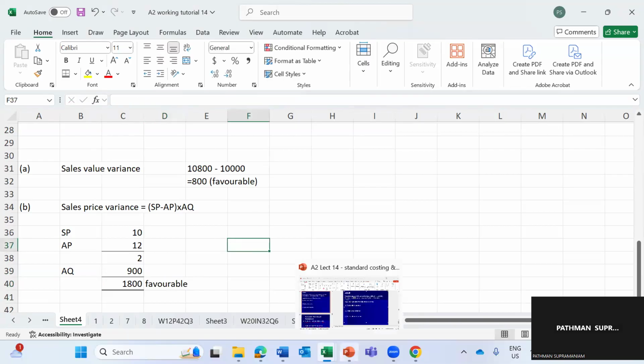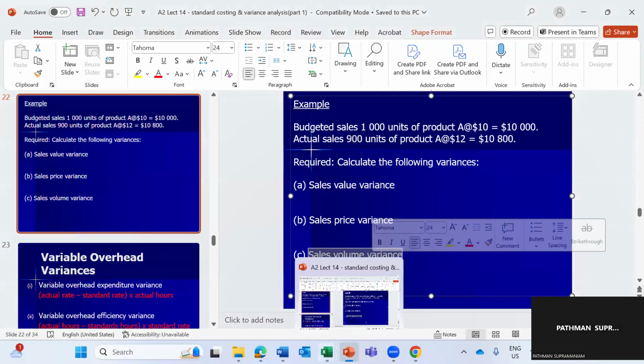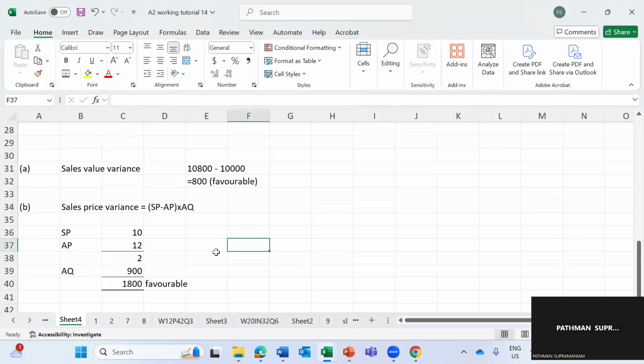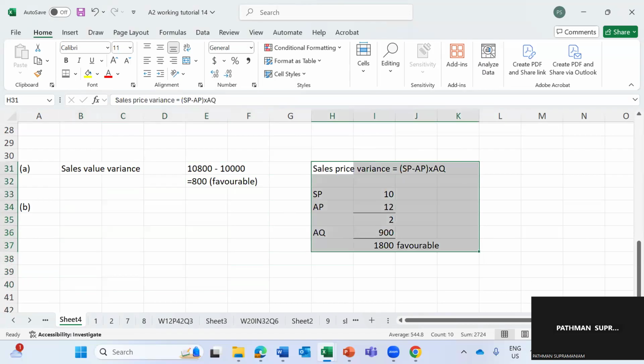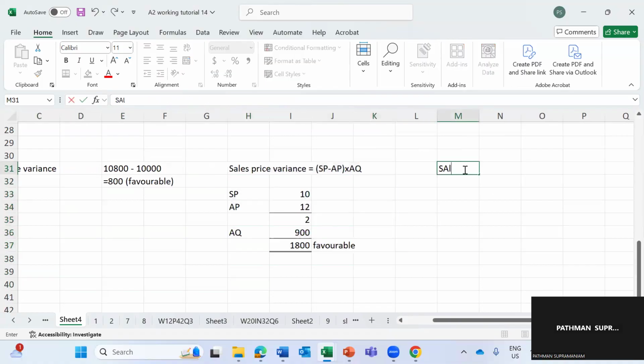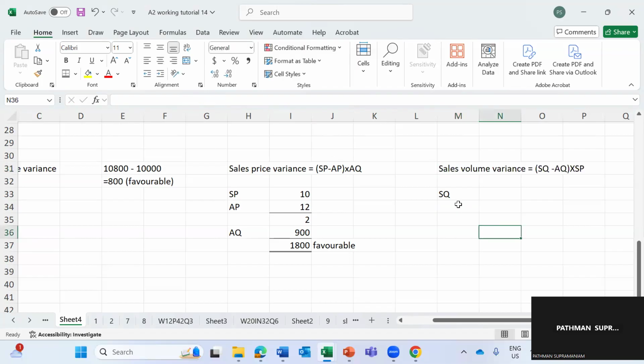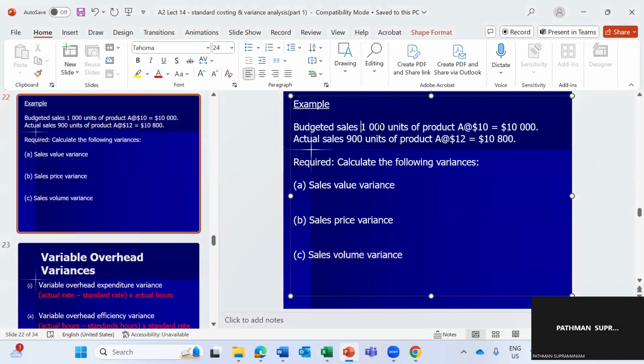Now I'm going to calculate sales volume variance. Sales volume variance is standard quantity minus actual quantity times standard selling price. Standard quantity is how much we plan to sell, which is 1,000.